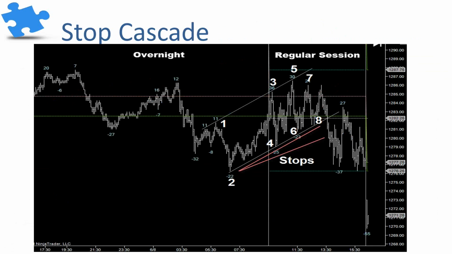Whether you trade into these stops is up to you. But being aware that a cascade is below you, especially one that builds right before the pit session or the day session opens, is very important. If you're leaning on 0.8, if 0.8 here is your stop position on a long, you probably do not want to wait for it to drop through 0.8 before getting out, because you've got that additional price risk posed by that cascade of stops below you.